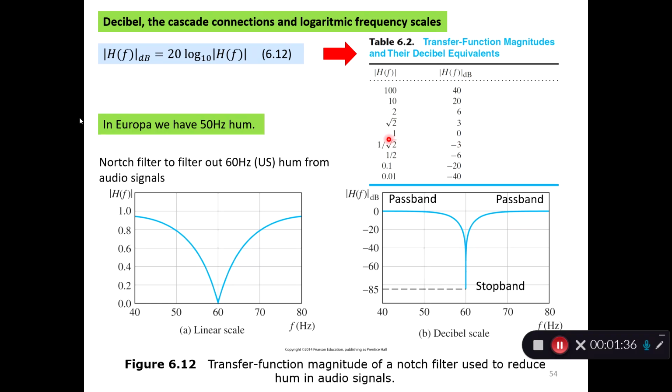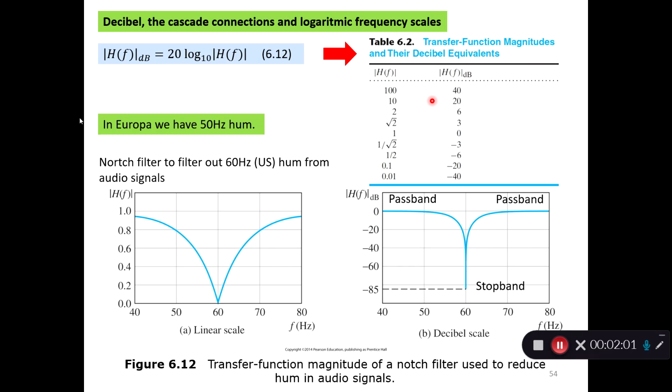So if we have 1 over the value, we get a sign inversion of this value. Equivalently, 100 times is 40 dB. If we have 1 over 100, then we have minus 40.